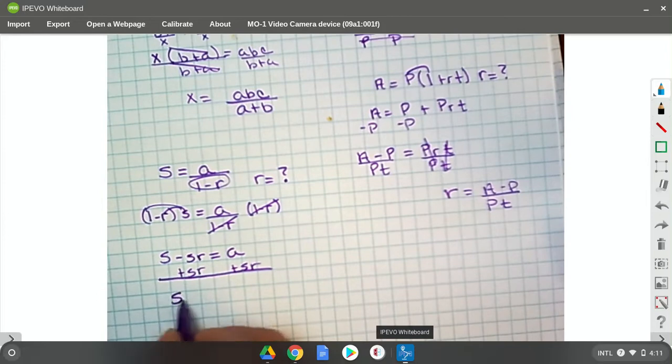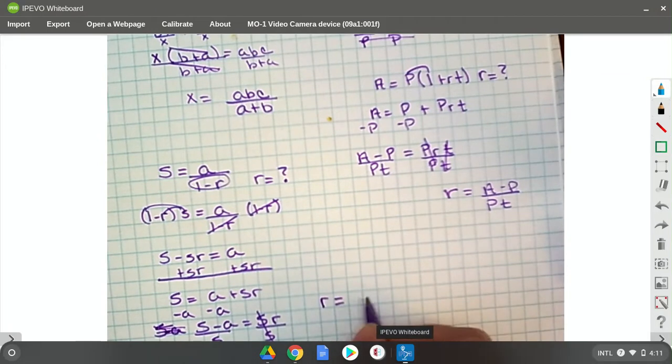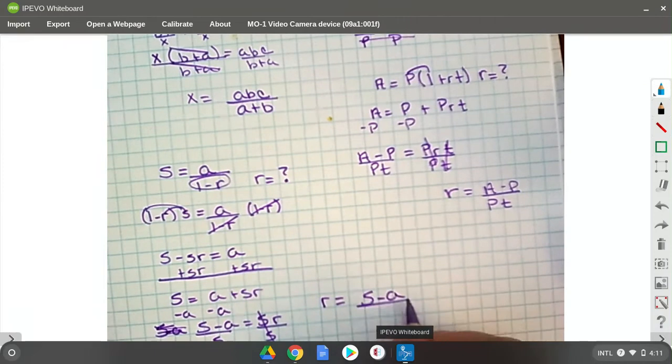So now I have S equals A plus SR, and I'm going to subtract that A. So I have S minus A equals SR. And the only thing I have left to do is divide by that S. So I have R is equal to S minus A over S.